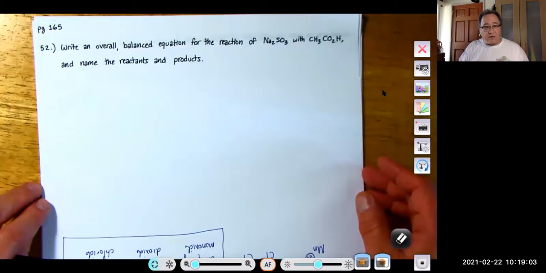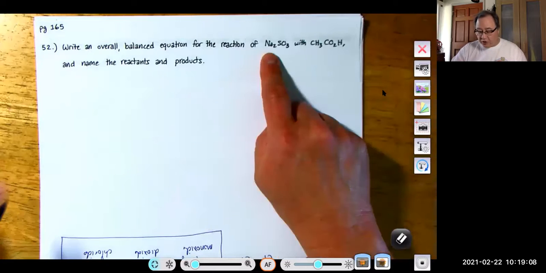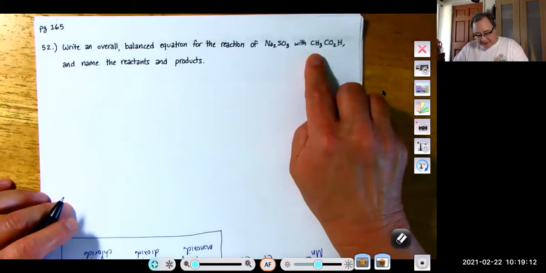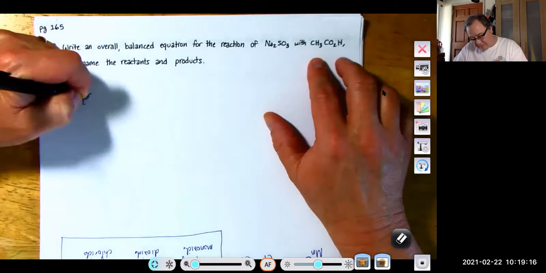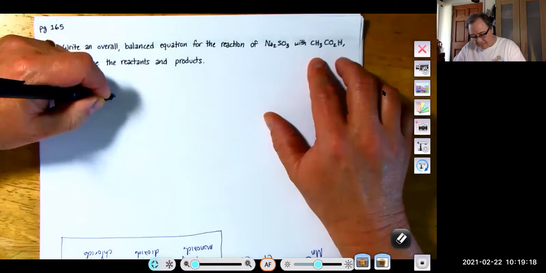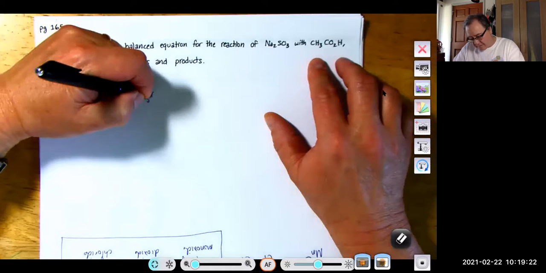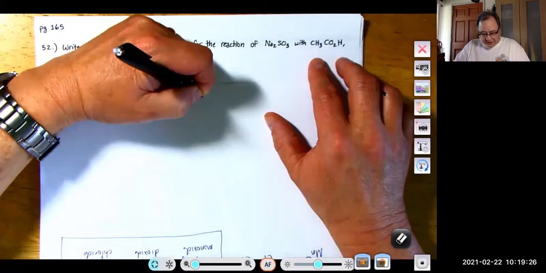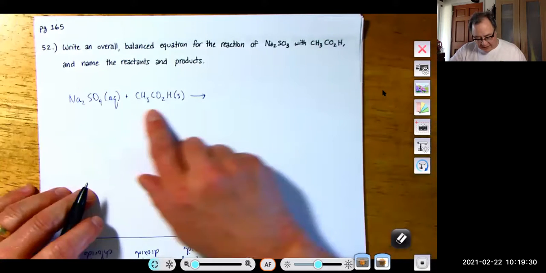Okay, write an overall balanced equation for the reaction of a sodium sulfite with acetic acid. Now, this I'm pretty sure is one of those gas forming reactions.